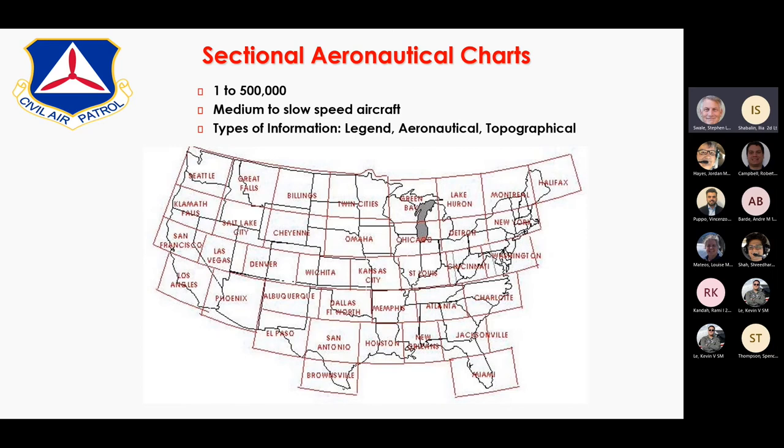You'll need to use the Phoenix sectional to get part of California near Yuma. And then up north, you need to have the Oregon sectional in order to cover the northern part of California. So Klamath Falls sectional, San Francisco, Los Angeles, Phoenix, and Las Vegas sectionals will be what you need.